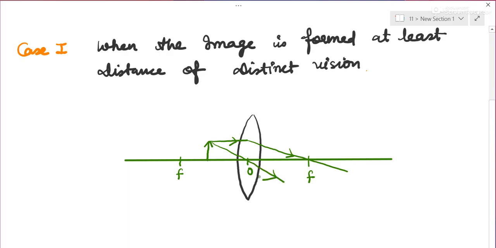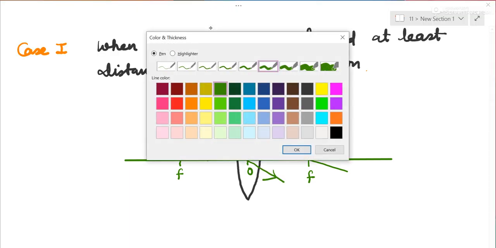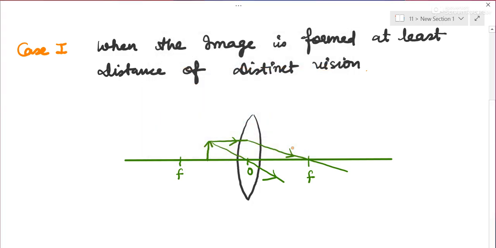Now produce them back, straight. So this is the image that you would see. And this is the case when the final image is formed at the least distance of distinct vision.